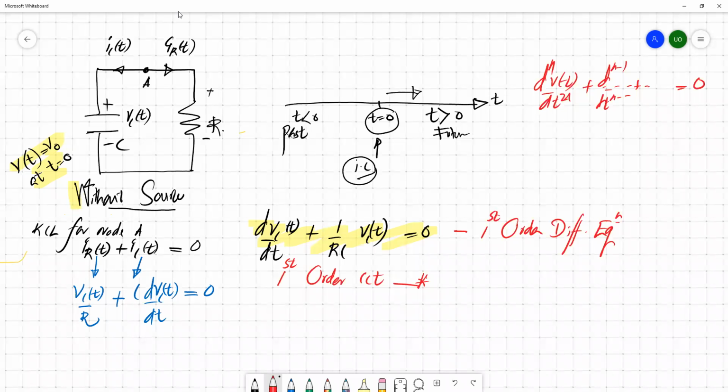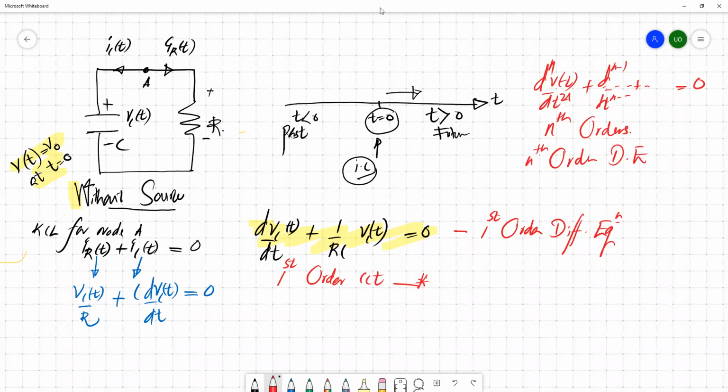So we may have nth order circuits, which explain the behavior using an nth order differential equation. There may be scenarios where you can explain the parameters of the circuits using an nth order differential equation, and then that circuit becomes an nth order circuit. If it is explained through a first order differential equation, then we can argue that it is a first order circuit.